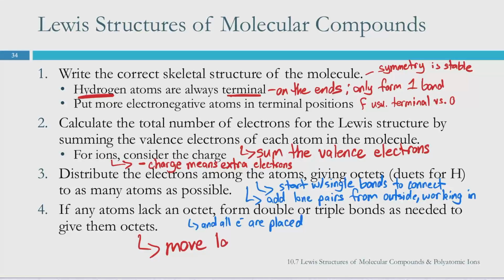And we do that by moving lone pairs from outside atoms in. So we'll take lone pairs from atoms that are on the outside, the periphery, the more terminal ones. We can move those in to make double or triple bonds as we need to get our full octets.